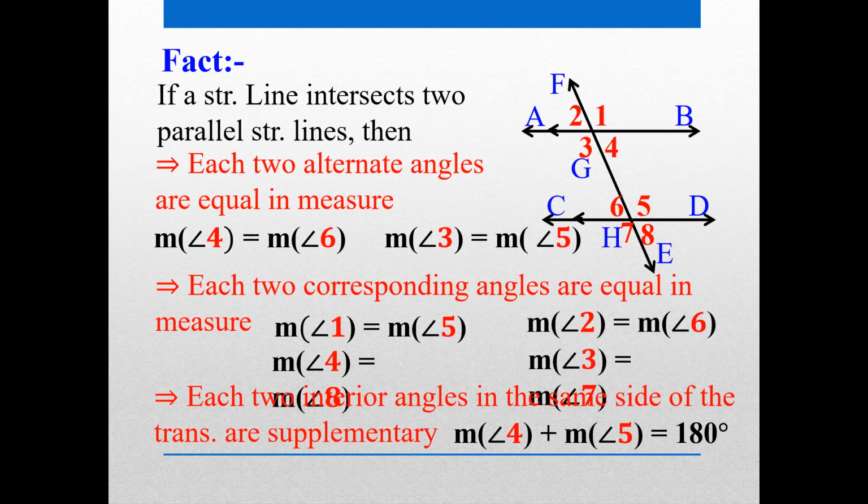Alternate angles, search for the letter Z. The two angles in the form of the letter Z are alternate angles and are equal in measure, and each two corresponding angles are equal in measure, and corresponding angles are formed by the letter F, and each two interior angles on the same side of the transversal are supplementary. Supplementary means their sum is 180 degrees.